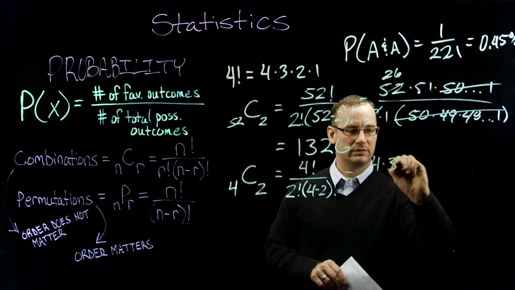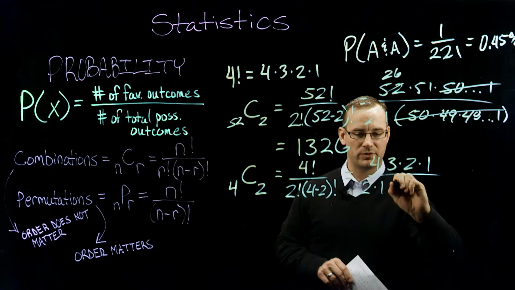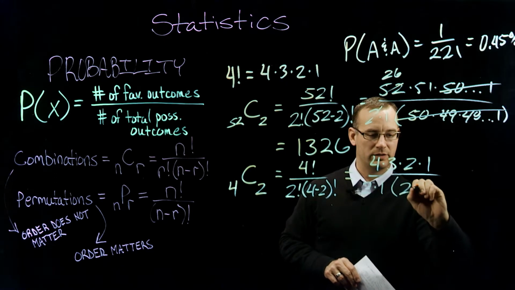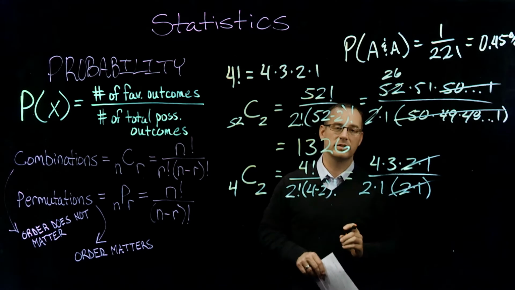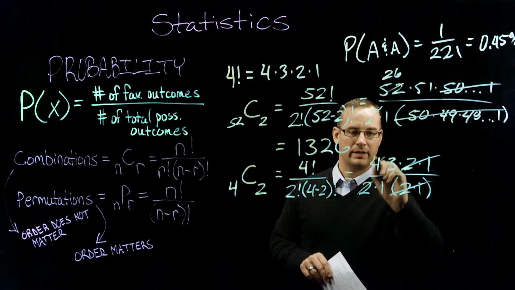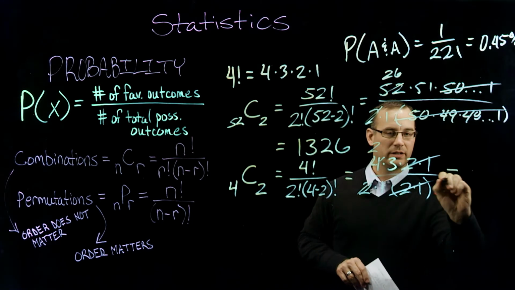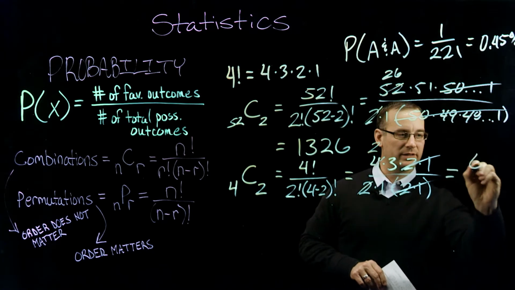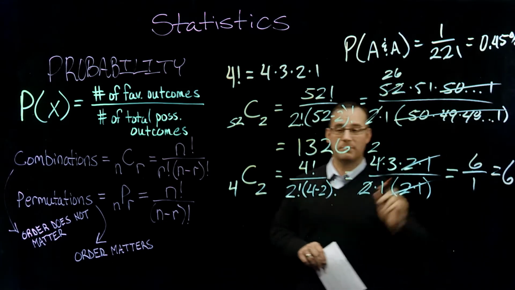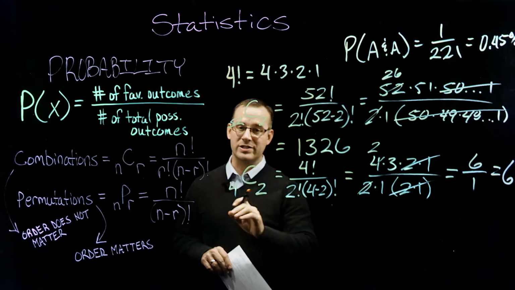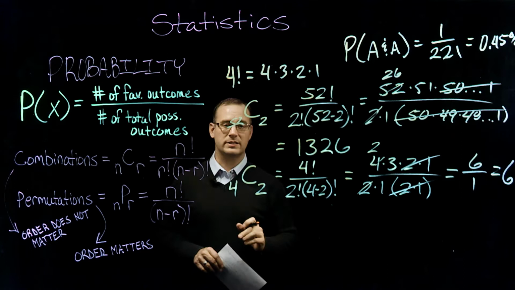Here, 4 factorial over 2 times 1 times 2 times 1. Again, canceling out, we've got 2 times 3, which is 6. So there are 6 possible two-card combinations out of 4 cards. All right, so let's move on.